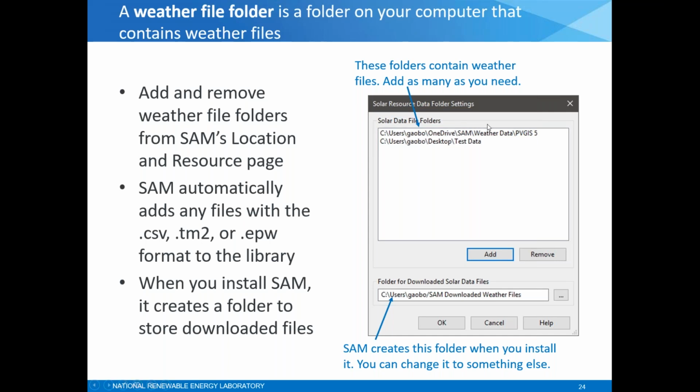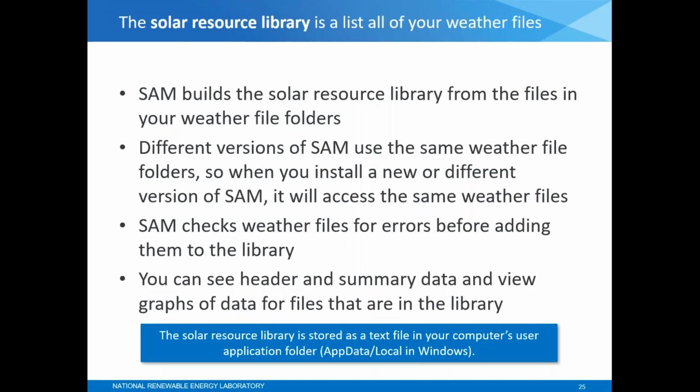On the top of this little window are weather file folders that you add, and then this is a default one that SAM creates when you install SAM, which you can also change, and we'll see that later. And now the Solar Resource Library is a list of all your weather files. So when you start SAM the first time, it builds the Solar Resource Library by scanning all of the files that are in your weather file folders.